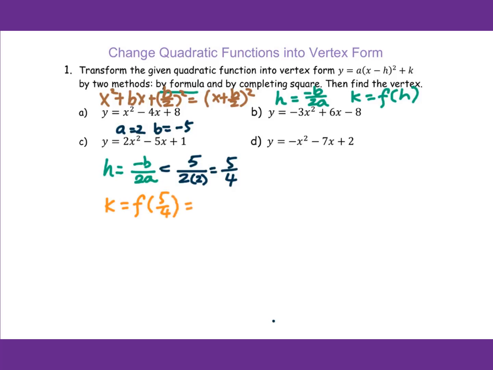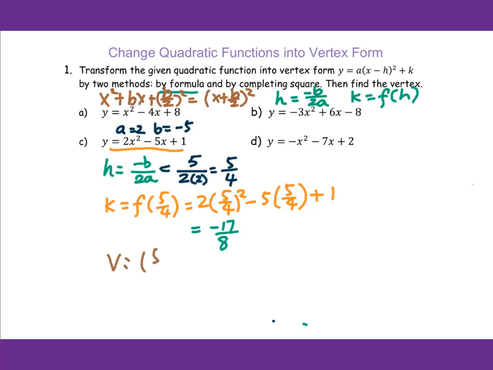Plug into this function. 2 times (5 over 4) squared minus 5 times 5 over 4 plus 1. You will get negative 17 over 8. Therefore, for the vertex, you got 5 over 4 and negative 17 over 8.